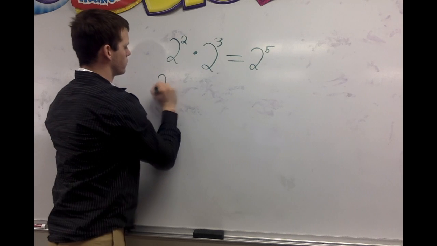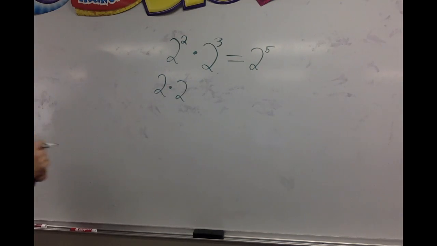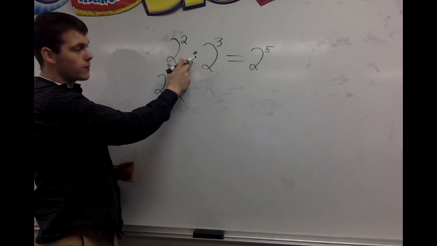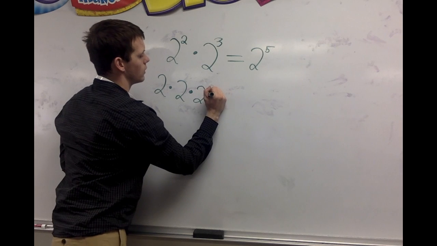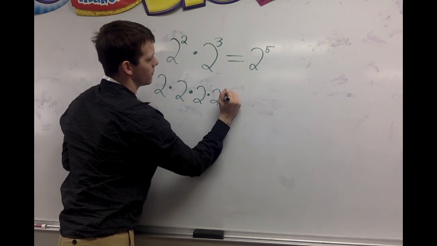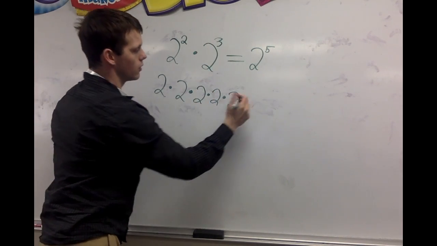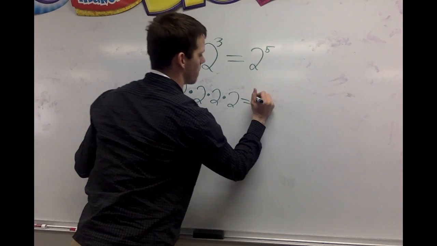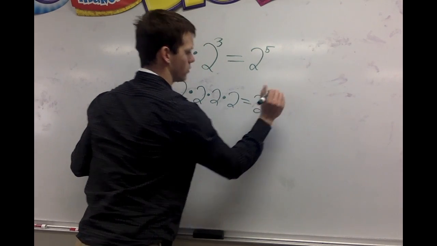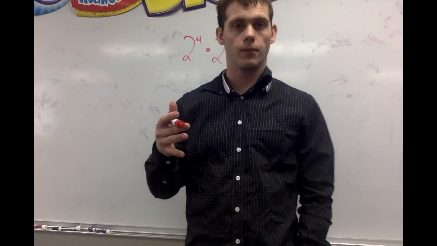So therefore, we have 2 times 2 times 2 to the third. So 2 times 2 times 2, 3 2's there, is then equal to 1, 2, 3, 4, 5, 2 to the fifth.